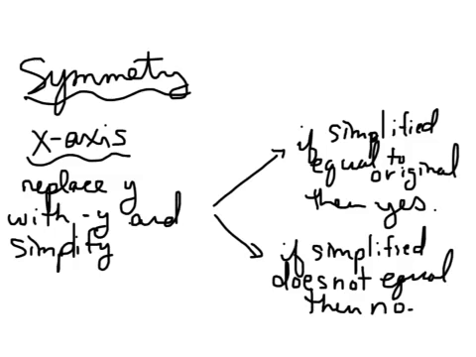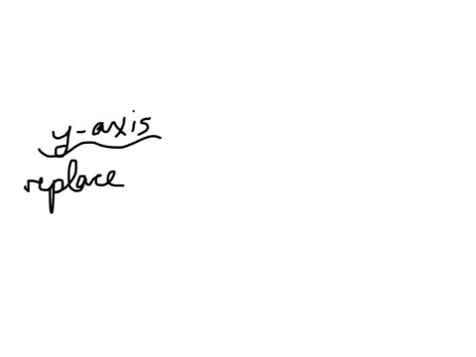So the next type of symmetry that's going to be out there is going to be y-axis symmetry. And when you have y-axis symmetry, you replace x with negative x and simplify.